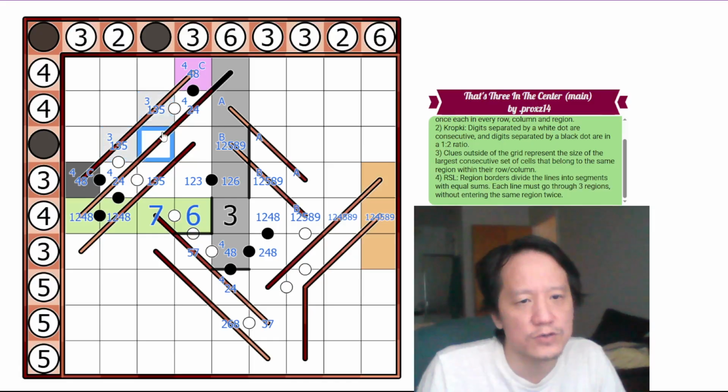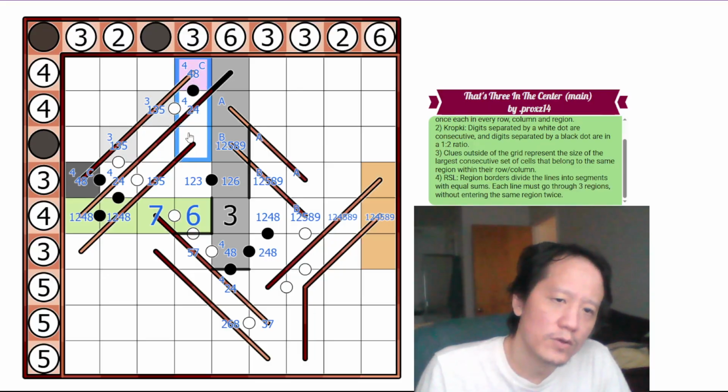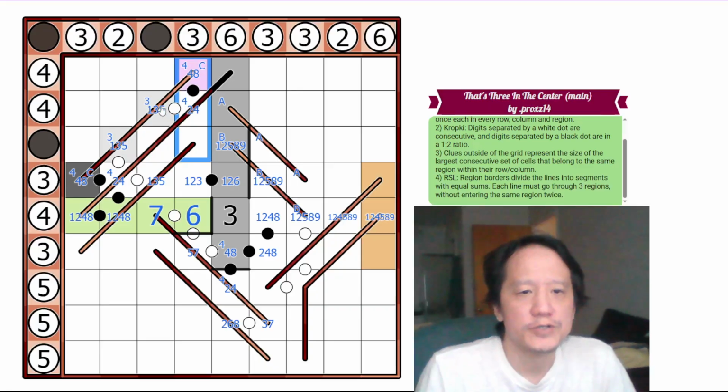Gray is part of it. So if gray and green are the same, that means pink could be part of that. Okay, so only if gray and green are the same.